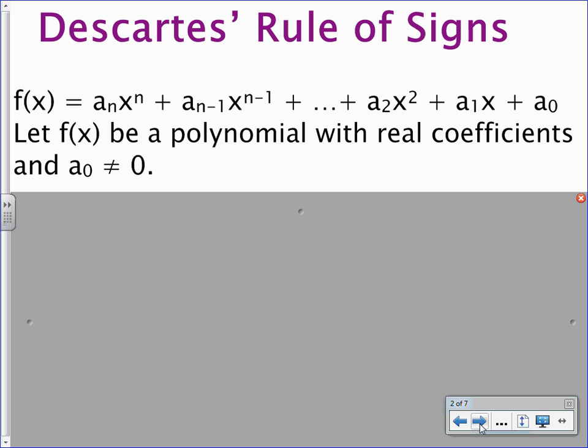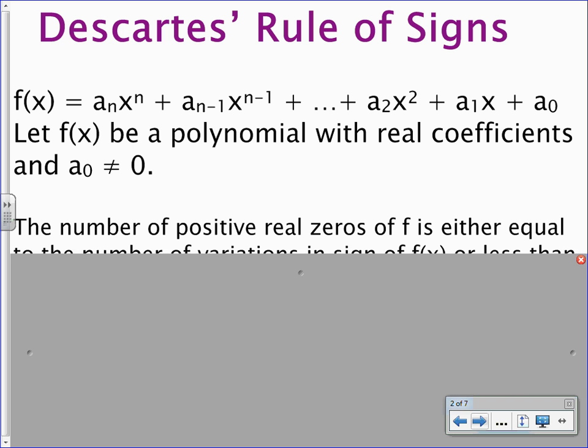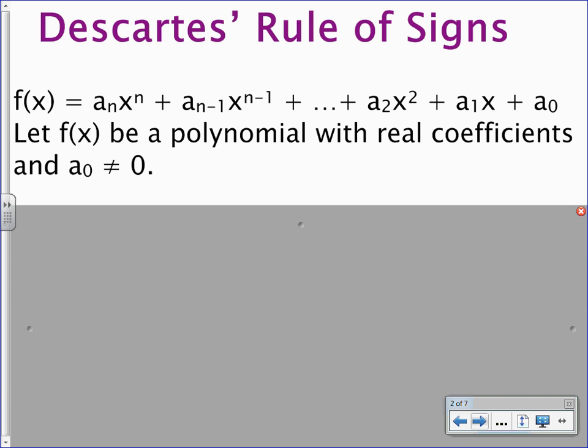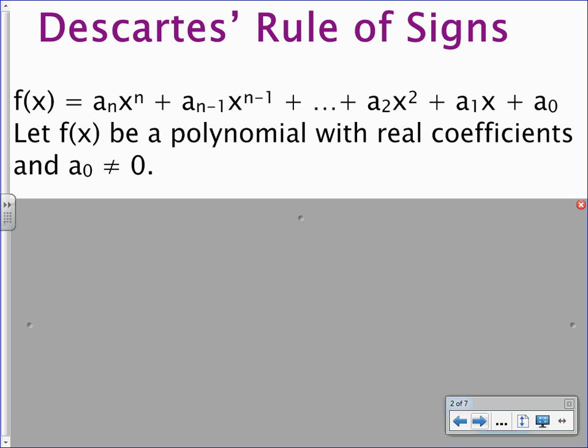First of all, we're going to talk about Descartes' rule of signs, okay? So Descartes' rule of signs, this is just a polynomial, okay? We have a polynomial. This is what it says. So we're looking at positive zeros and negative zeros with Descartes' rule of signs.